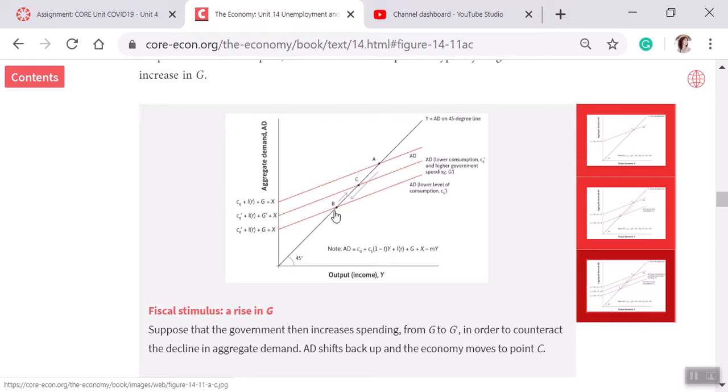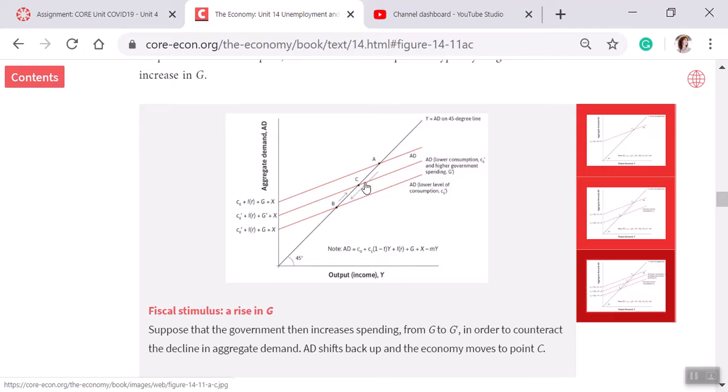So what happens now is by the government pumping more money into the economy, we're going to get ourselves pushed up to point C. More money's going to come in. The government has spent, so they've increased the demand for product. They want more product, and because they want more product, more people can get to work making that product, so our income's going to go up.